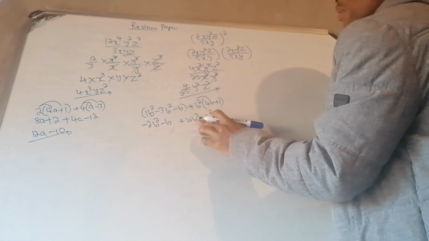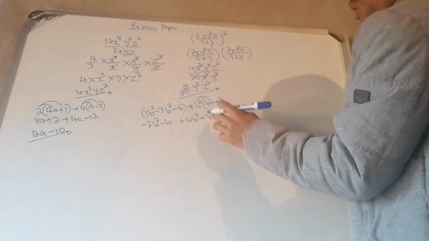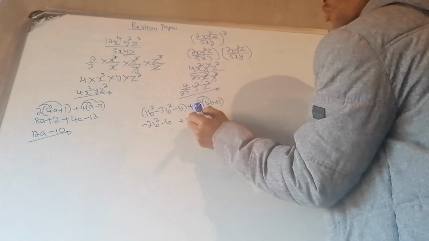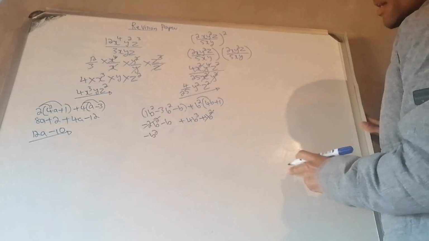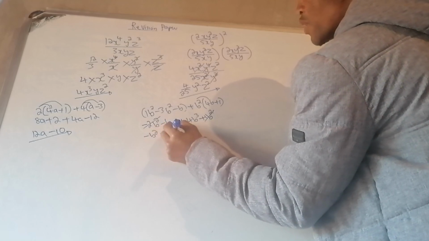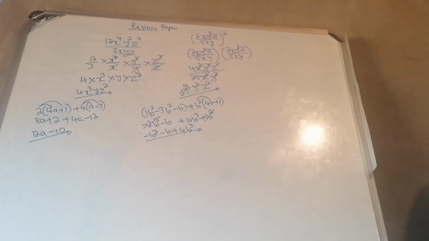Only b squared: minus 2b squared plus b squared. Minus 2 plus 1 equals minus b squared. Then we have minus b plus 4b3. And that becomes your final answer.